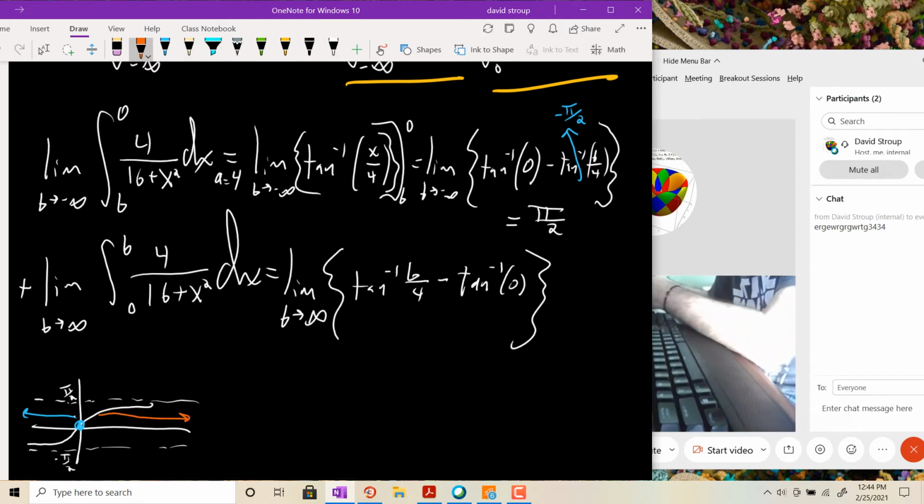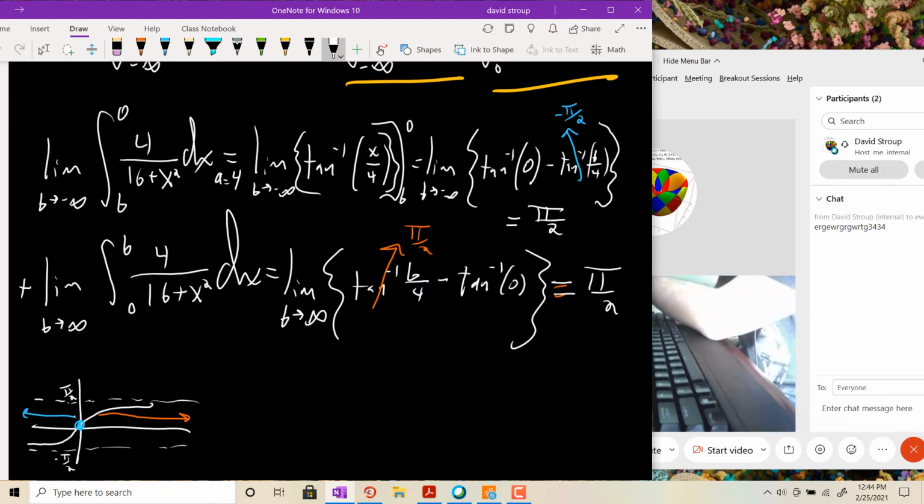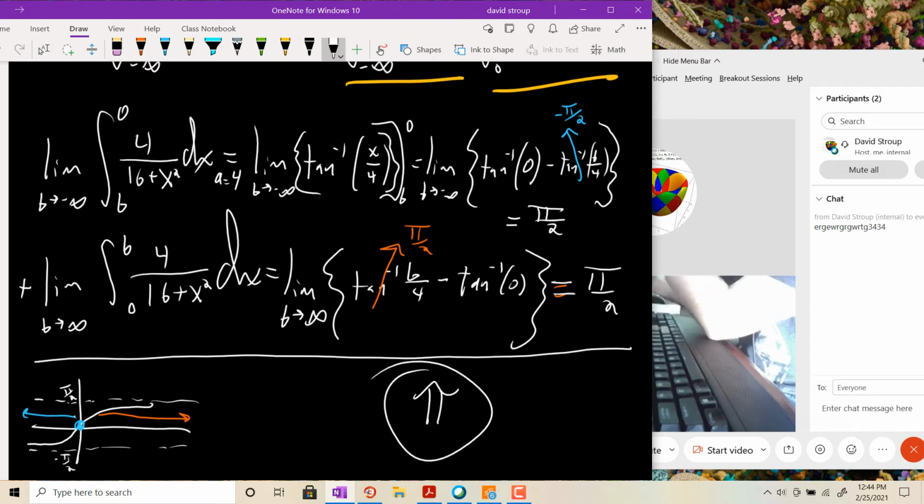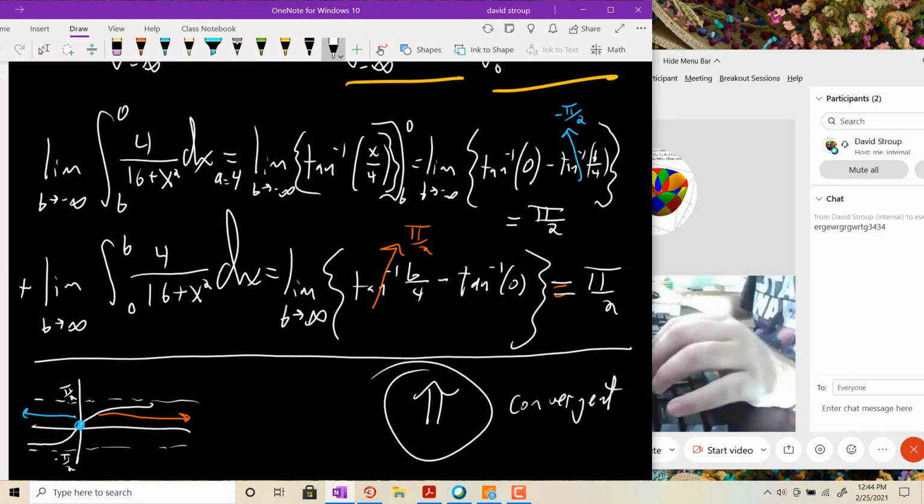So this thing will go to positive pi over 2, and our answer there would just be pi over 2. The other guy, tan inverse of 0, is just 0. So this is pi over 2. Okay, and then ultimately we need to add these together. So pi over 2 plus pi over 2 is pi. And that is our answer, and so therefore it is convergent.